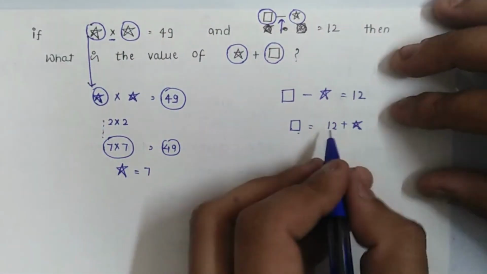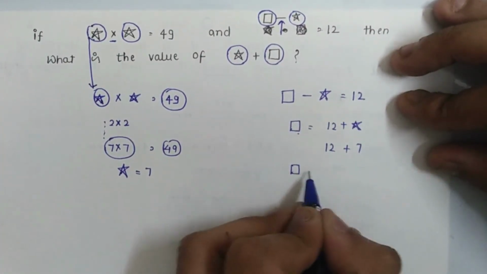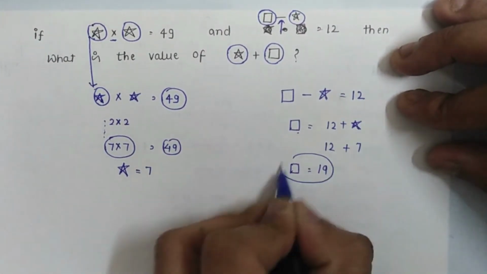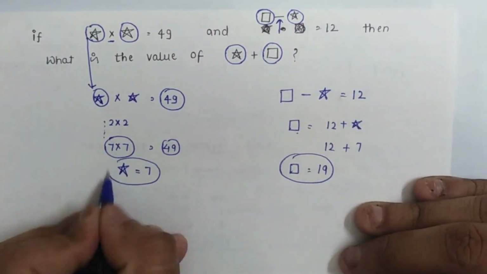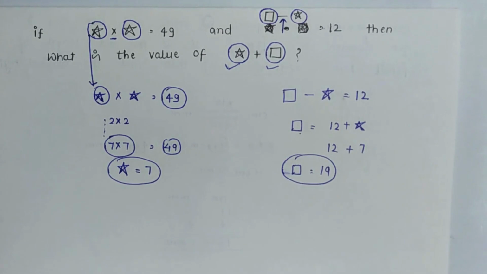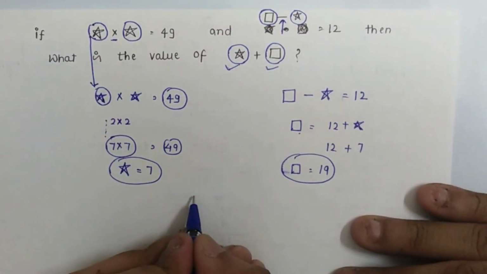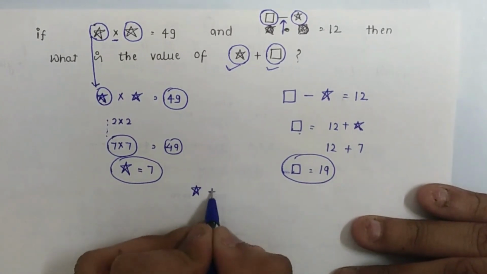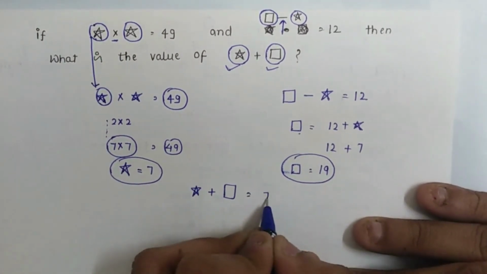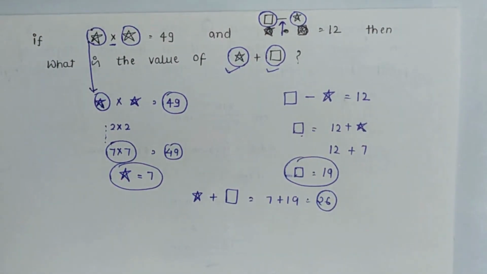We know the value of star now, which is 7, so the value of square will be equal to 19. Now we know the value of square and the value of star. The question is asking us to find the value of star plus square, so let's simply add them. Star plus square is equal to 7 plus 19, which is equal to 26. And that will be the answer for this question.